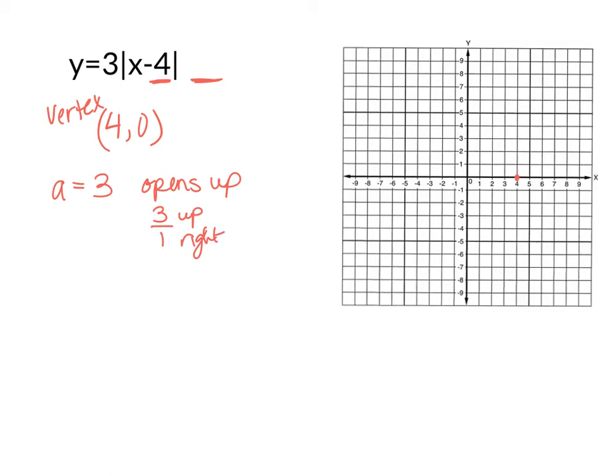So (4, 0) is on the x-axis, and my slope is going to go up 3/1, up 3, left 1, up 3, left 1.